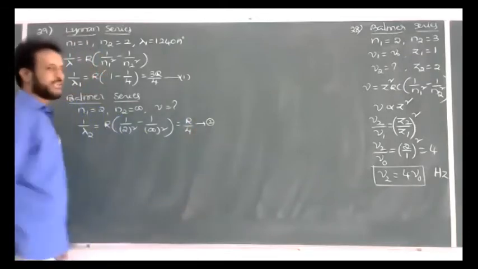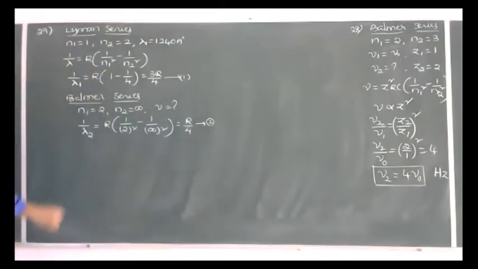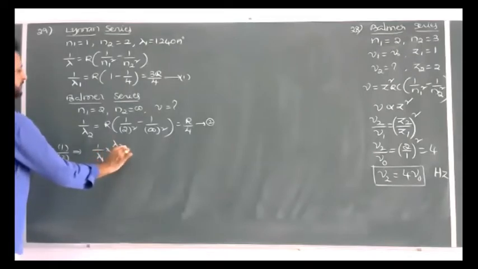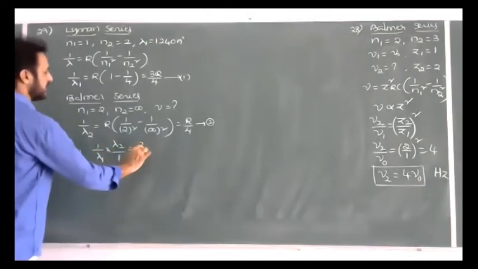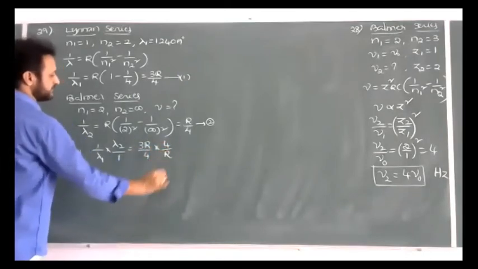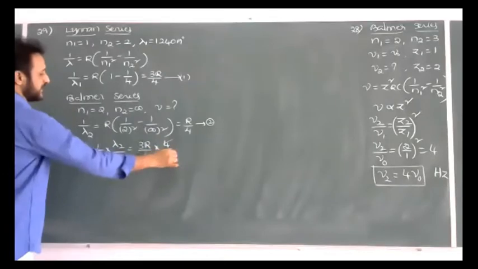Second equation. Now divide the first equation by the second equation. 1 by lambda 1 into lambda 2 by 1 is equal to 3R by 4 into 4 by R. The 4 cancels, R and R cancel.